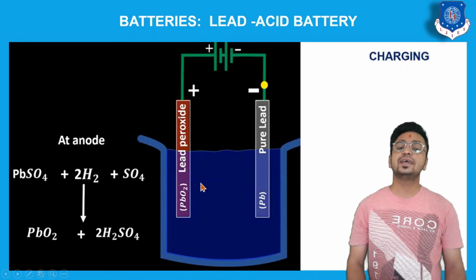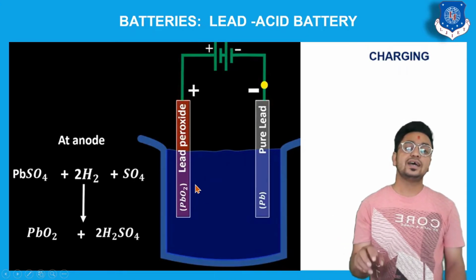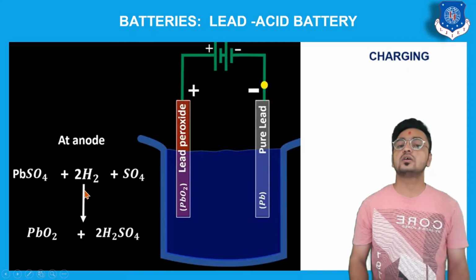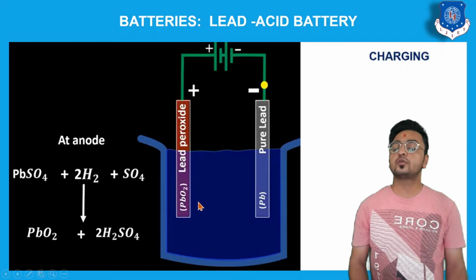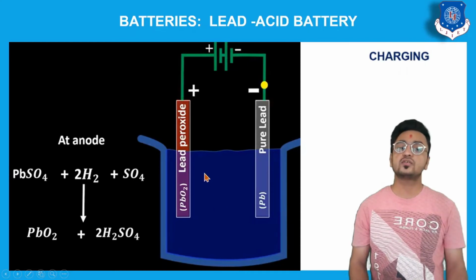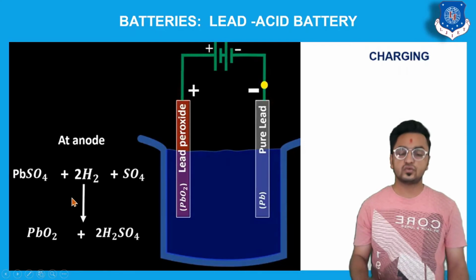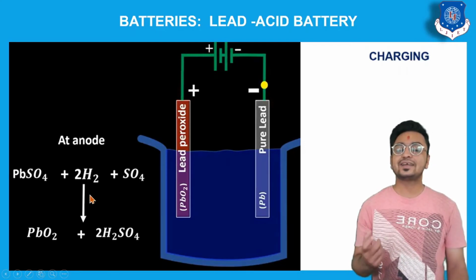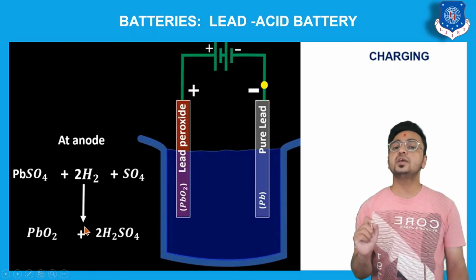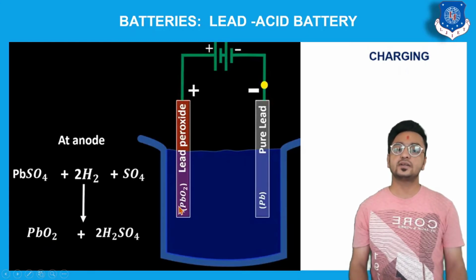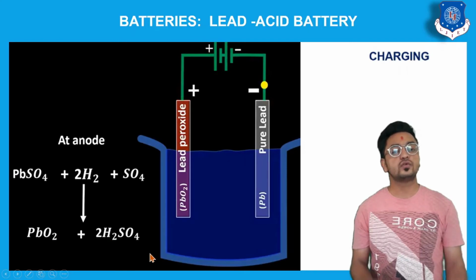Again we have a layer of PbSO4 over here, and as the hydrogen molecules are also present, as well as the SO4 molecules in this material, they will react with PbSO4, and by reacting with these chemicals, it will create PbO2 on this terminal, and it will release the two H2SO4 components.